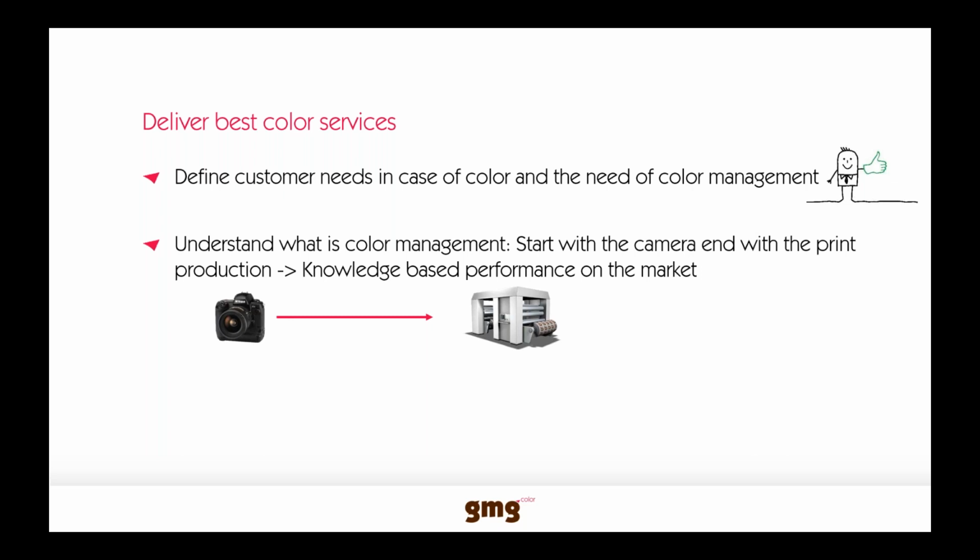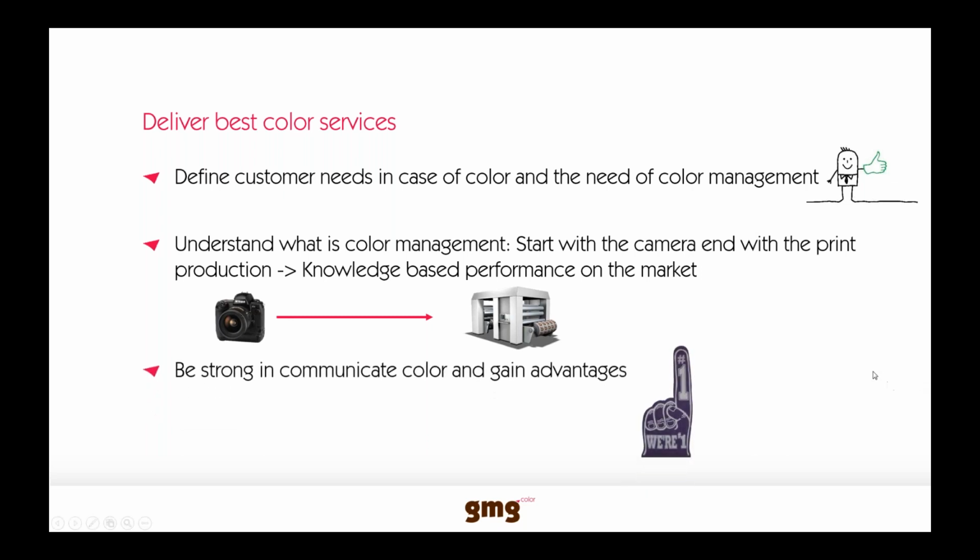All that stuff we saw in the last minutes from an overview point of view is important, and is important to communicate, I would say communicate strongly on the market. And with this you will gain an advantage, of course, and maybe be the first one in packaging production.